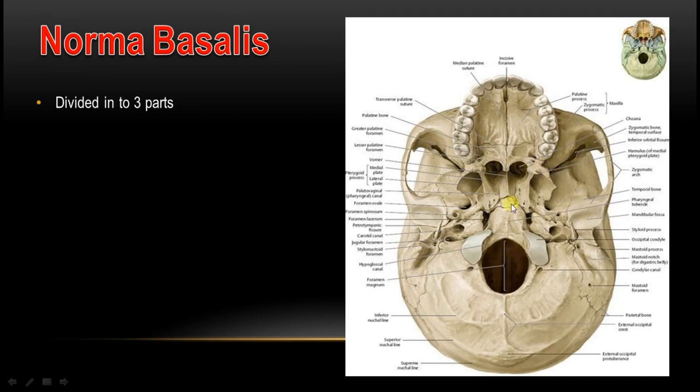Then the intermediate part, between the posterior border of the palate and the anterior margin of the foramen magnum. Then posterior to the anterior margin of the foramen magnum, that is the posterior part of the Norma basalis.